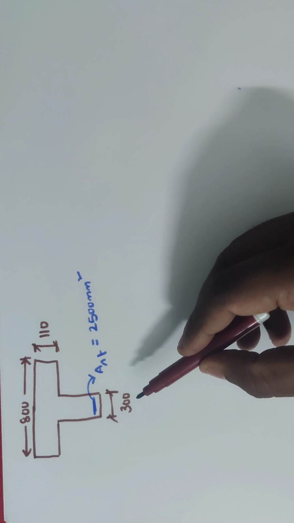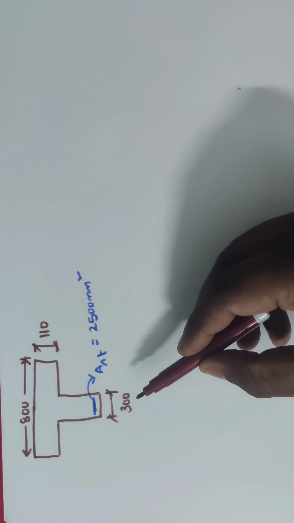In this case, we may have two compressive forces. Compressive force of the web, that is equal to 0.36 FCK BW into XU, and compressive force of the flange, that is 0.45 FCK into BF minus BW into DF. These are the two compressive forces, and tension is same, 0.87 Fy AST.